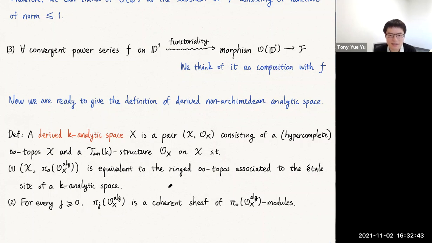To be precise, we get a topos equivalent to the ringed infinity topos associated to the Étale site of a classical rigid analytic space. And the second, completely parallel to algebraic geometry, we ask that when we take homotopy groups of the structure sheaf, we get a coherent sheaf over the pi 0.